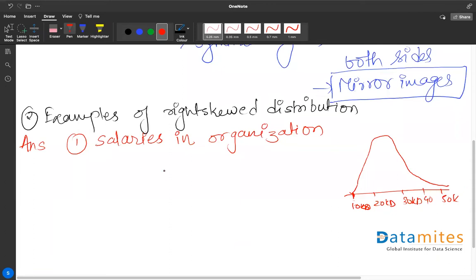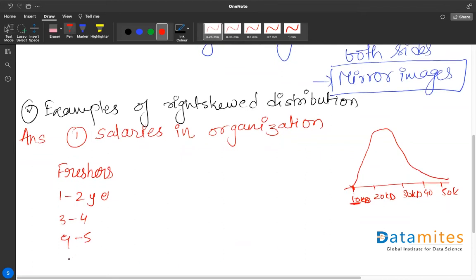What I'm trying to say is, if you follow a hierarchy in the organization, we will have freshers, right? So freshers will be getting in this range, let's assume. Then we have 1 to 2 years of experience, 3 to 4, then 4 to 5, right? So till CEO, right? If you take the CEO of the company, he will be getting a very high salary. So hence, because of this, the distribution will be right skewed.